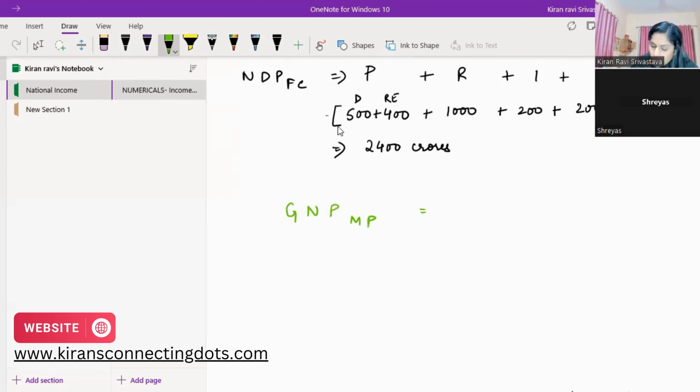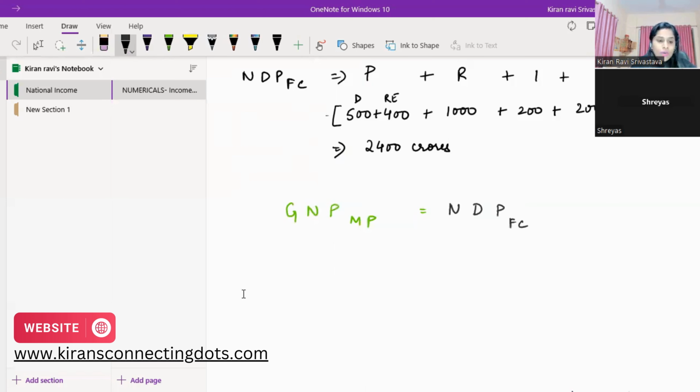But what I have got right now by using income method, NDP, sorry. मैंने क्या निकाला है अभी? NDP at FC, factor cost.